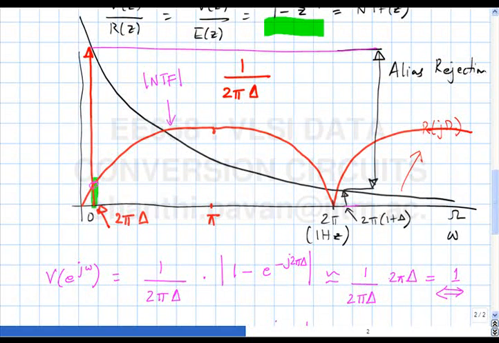Okay. So what can you say of the alias rejection to a tone at 2 plus delta? It will be delta upon 2 plus delta. Okay, so you can see that higher order aliasing bands get attenuated to a larger degree. And this makes intuitive sense because we realize that the loop filter gain is dramatically dropping with frequency.